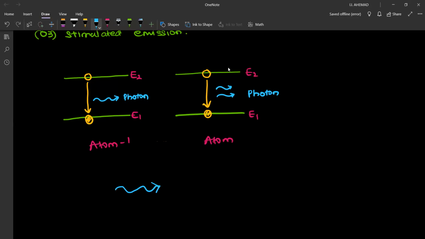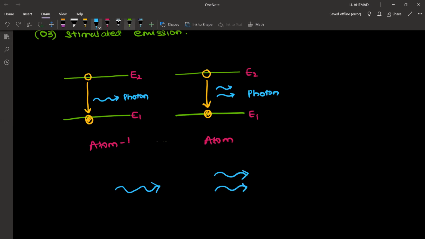When this photon is traveling, it is going through this atom. In this atom, we have another electron that is excited. So what this photon does is it stimulates this electron to fall down and emit another photon.